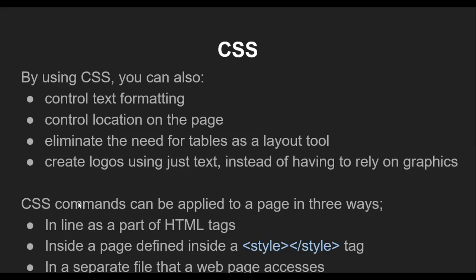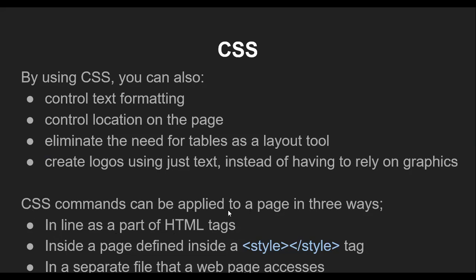CSS can be applied to a page in 3 ways. The first one is using inline CSS, that is inline as a part of the HTML tag. So you can add your CSS inside the HTML tag.